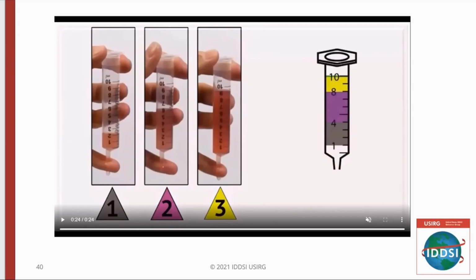The thicker the liquid, the slower it will flow, and there will be more remaining and a higher IDDSI liquid measurement. In the middle syringe, after 10 seconds, there's about 6 ml remaining, which is within the range of IDDSI level 2. On the right, after 10 seconds of flow test measurement, we have just over 9 ml, which is in the range for IDDSI level 3.